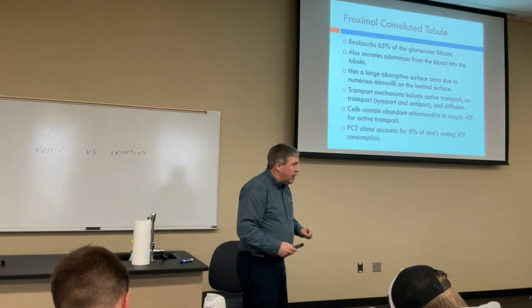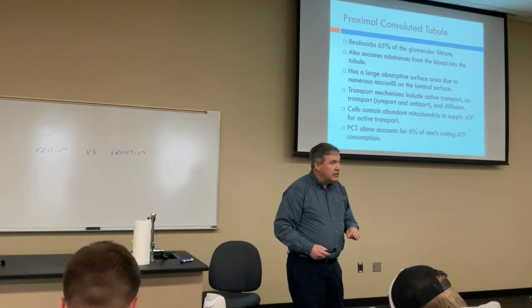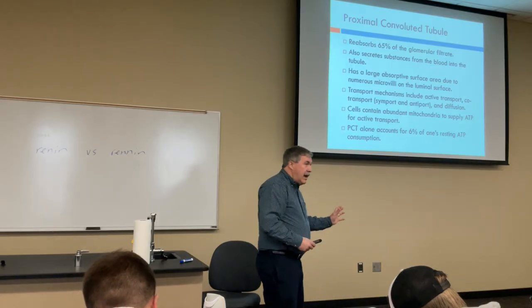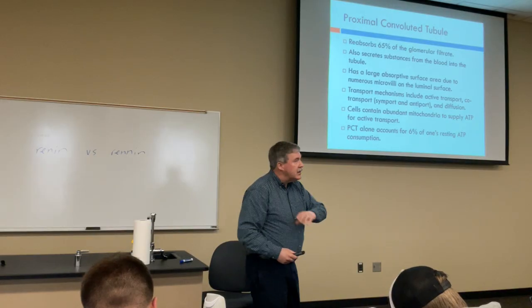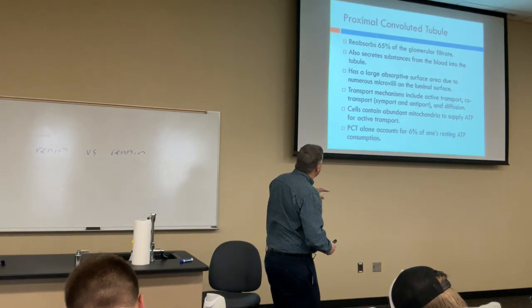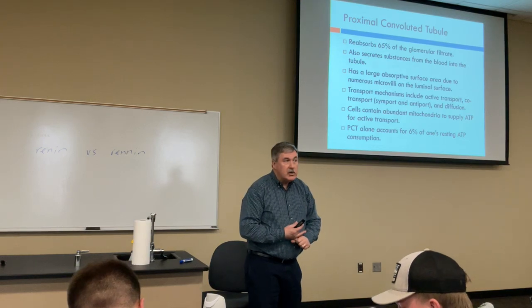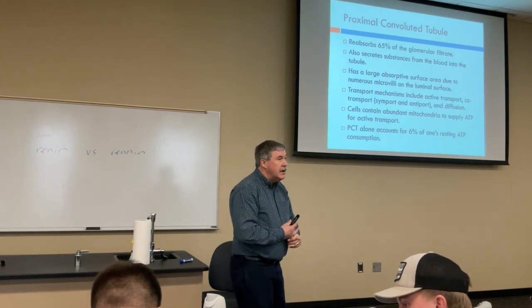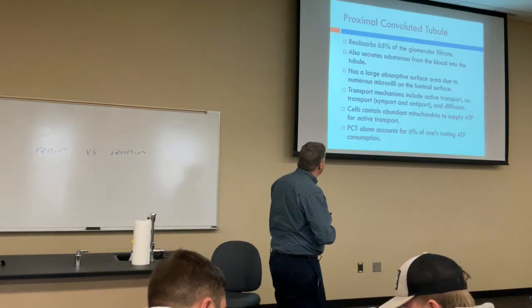That's the first part of the nephron after the renal corpuscle. Right after the blood's been filtered, that filtrate goes first into the proximal convoluted tubule. About 65 to 70% of that filtrate is reabsorbed in that first tubular part of the nephron.